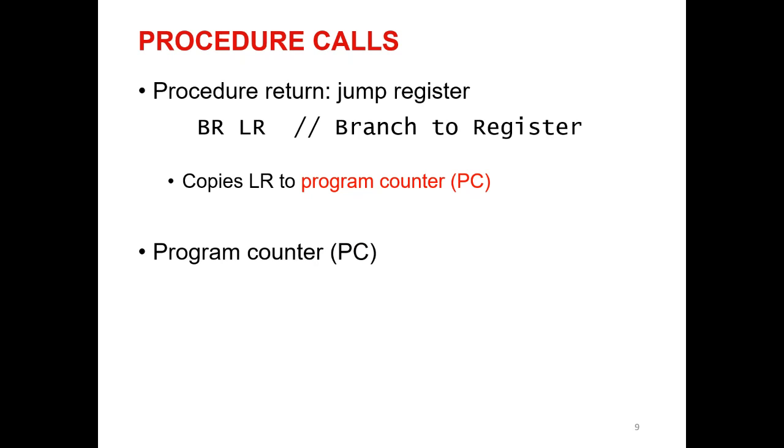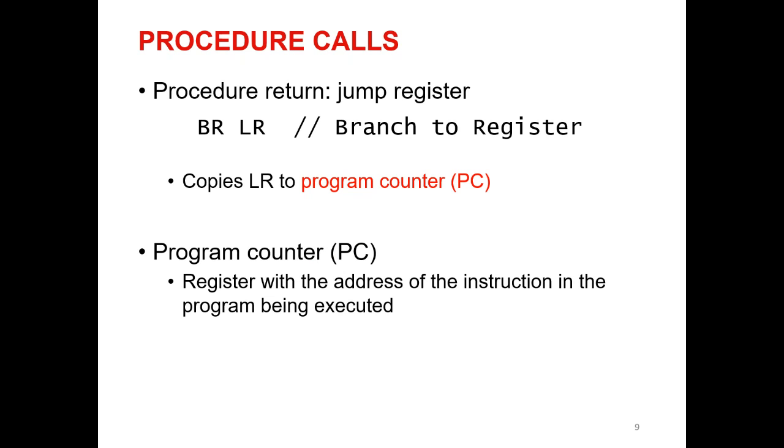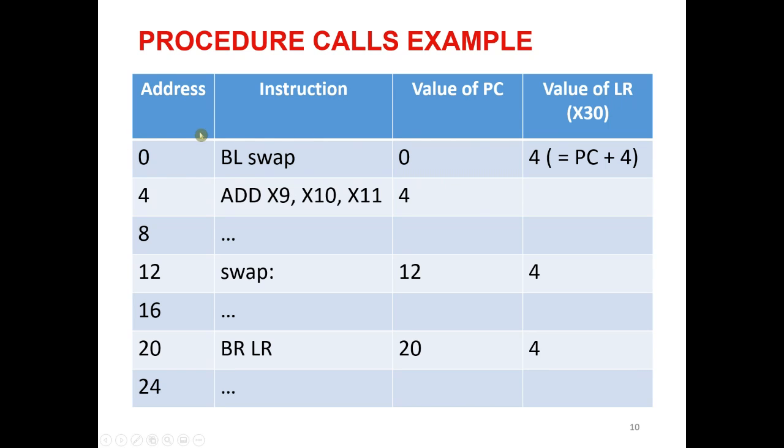Okay, so we already know what the program counter is, and I will show you an example directly. Imagine that for the program we have seen, all the instructions are in these memory addresses, and this will be the value of the program counter. The program counter tells me in which address is the instruction I need to execute.